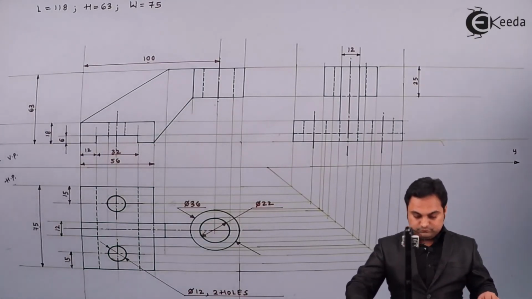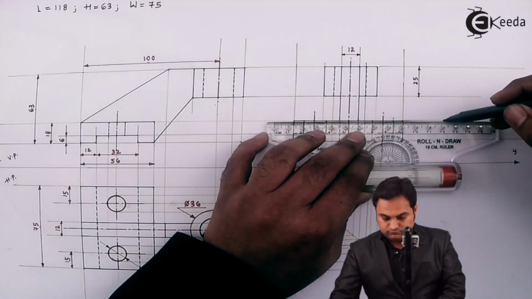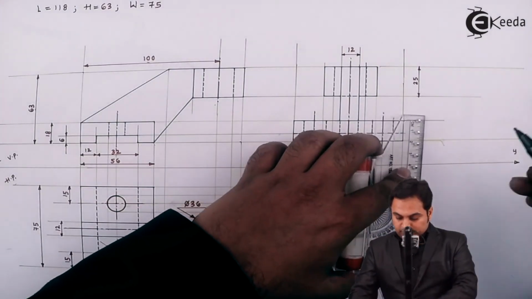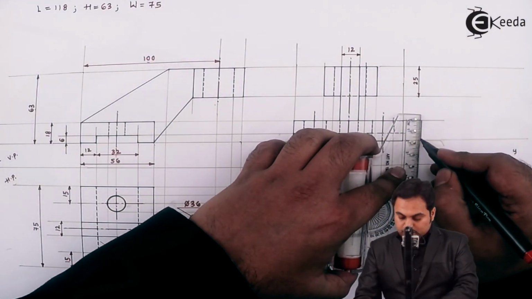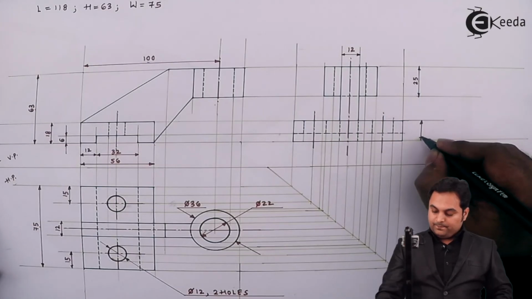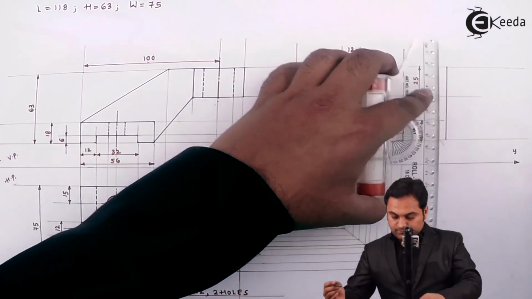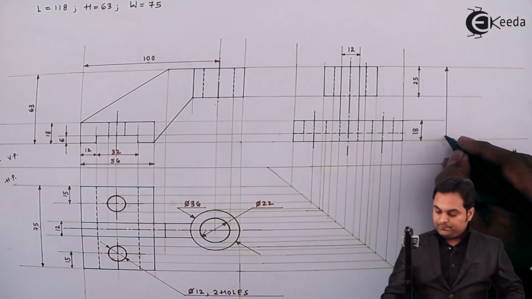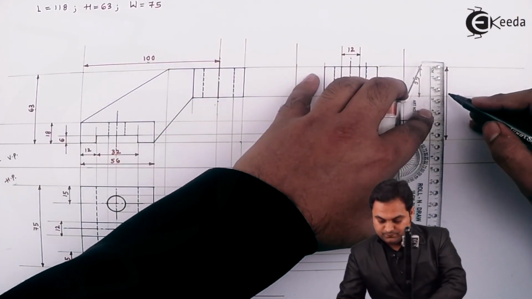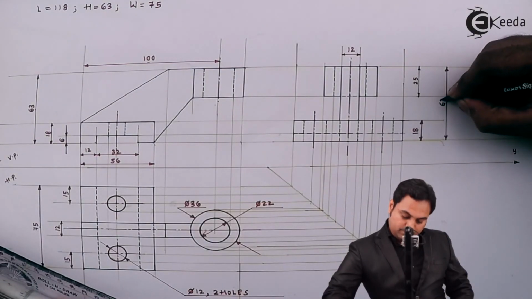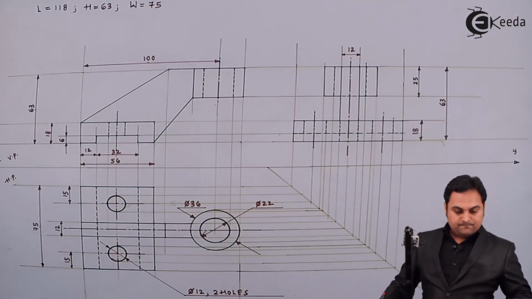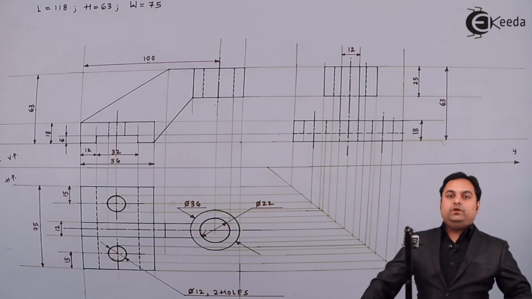Next, height of the plate, again 18 mm. Total height 63 mm. And with this we complete the problem.